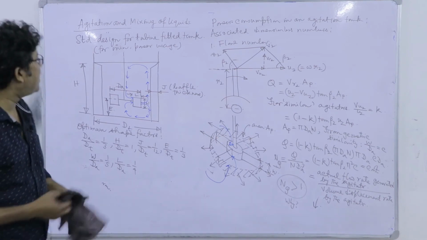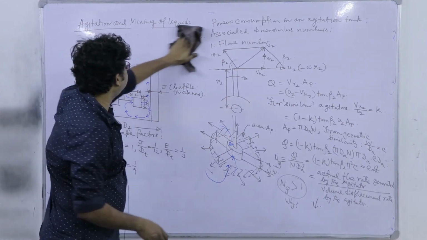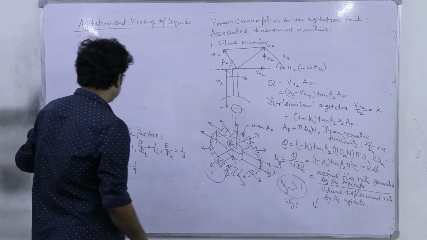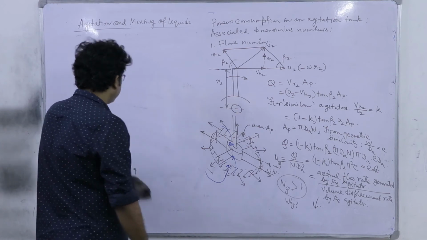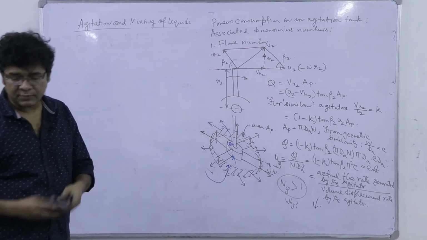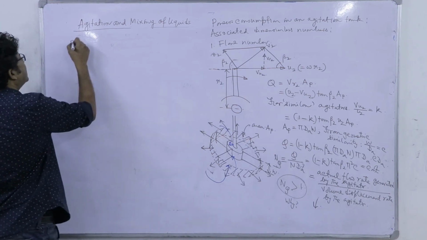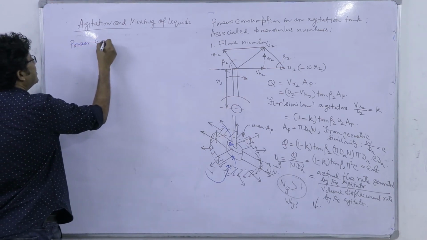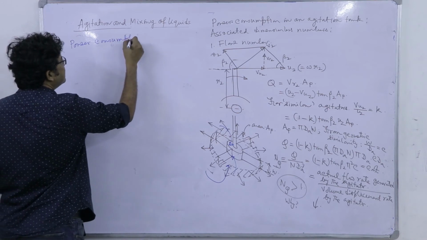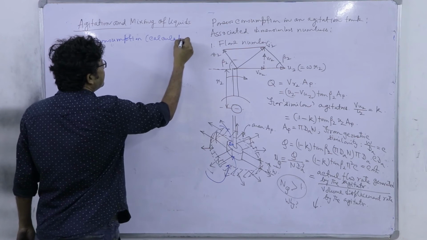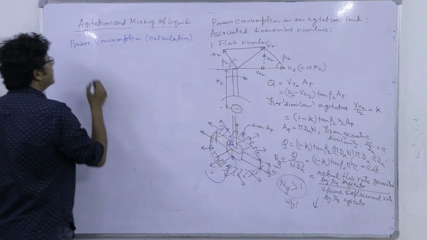So next is the power consumption, which is our prime interest here. Power consumption is generally represented in terms of power number, but that we will discuss later. What is power consumption and how can we calculate that? Power consumption calculation. Right.